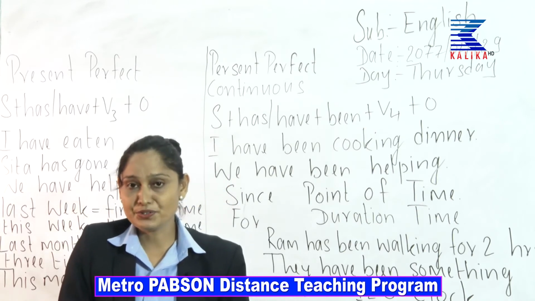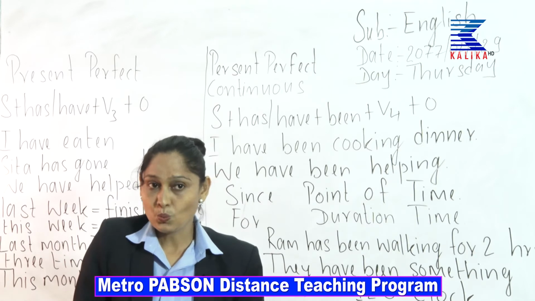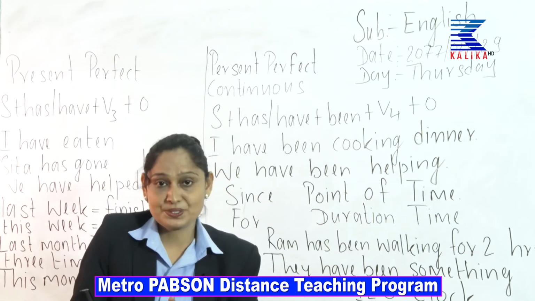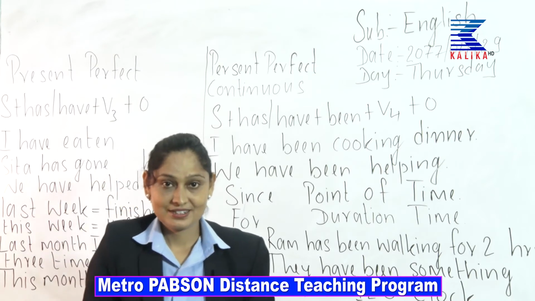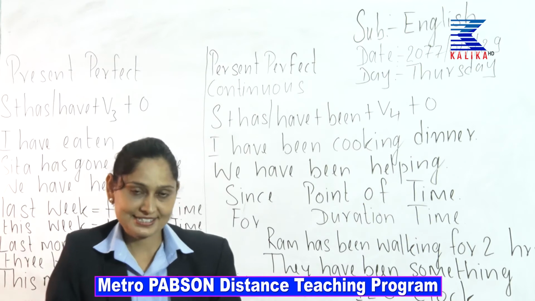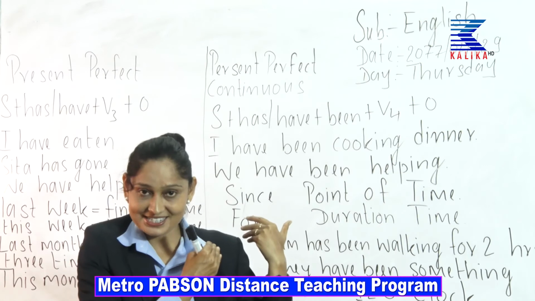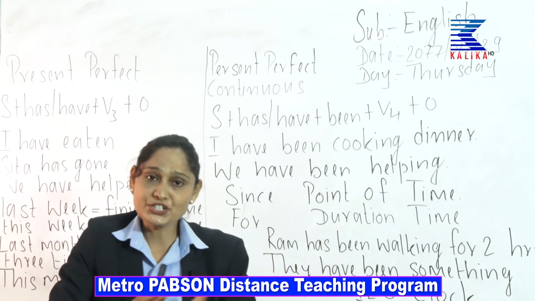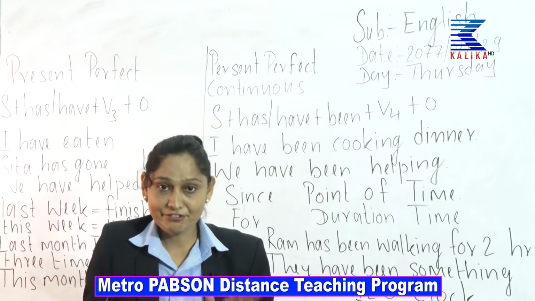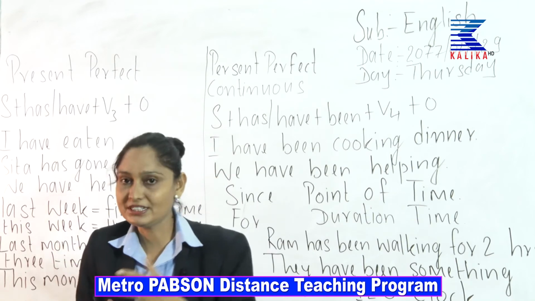Present perfect continuous shows an action which started in the past and continues up until now. Another definition: it is a form of verb which started in the past and is going to be continued. It is not going to be finished at the moment of present. That is present perfect continuous.